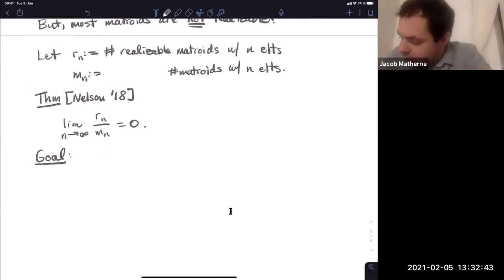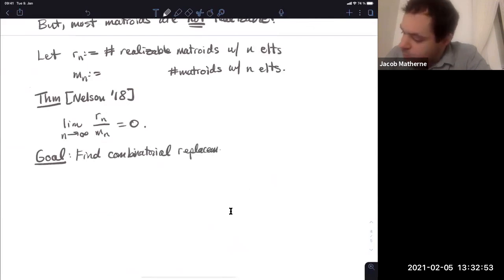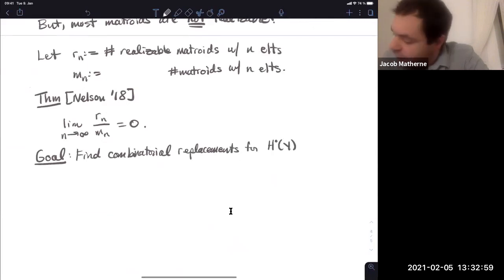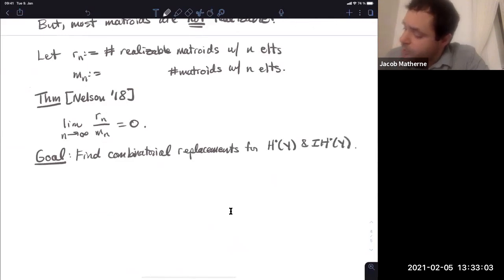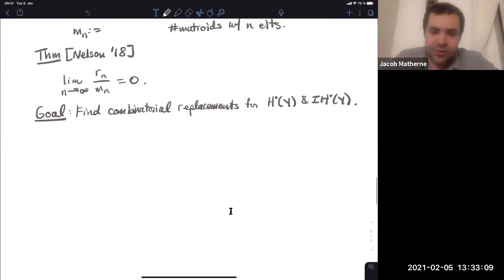So the goal is going to be to find combinatorial replacements for the cohomology of the Schubert variety and its intersection cohomology. I'm really trying to not steal Nick's thunder here.